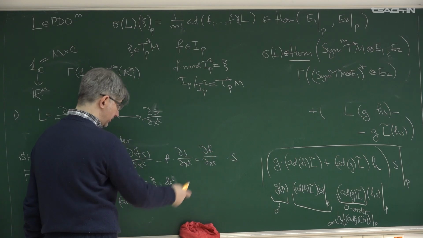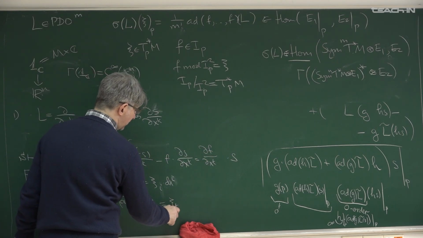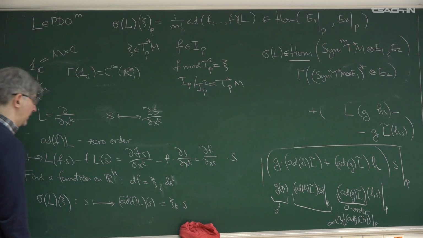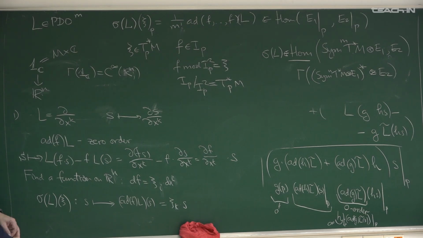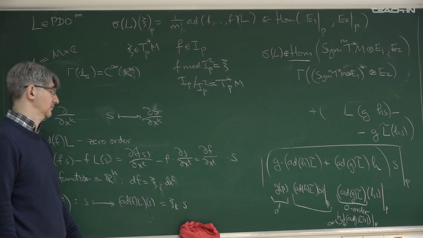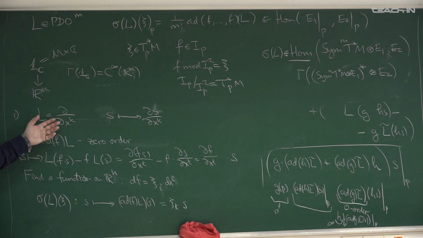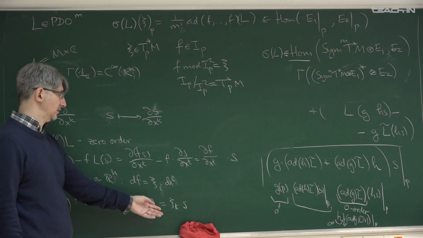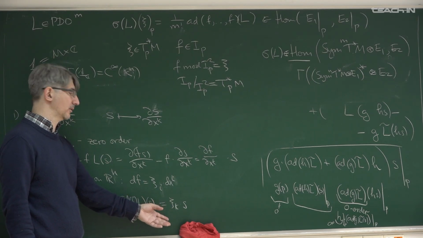It's exactly psi k times the section. It exactly corresponds to the statement which I gave you in the beginning of the lecture, that a symbol replaces a partial derivative by multiplication by the corresponding covector.